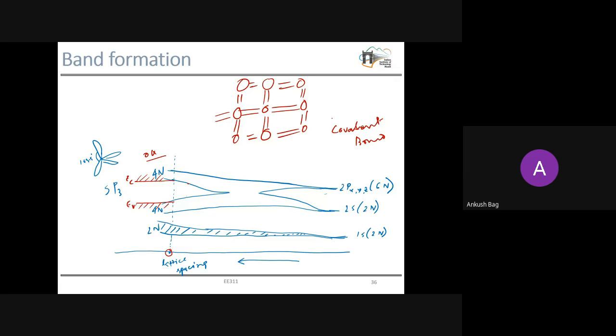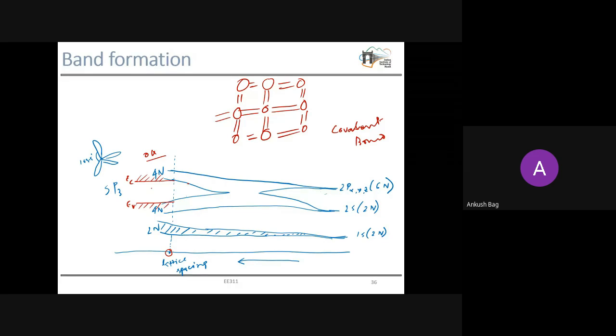Whether these are strong bonds or weak bonds matters, because when you break one bond, only then will you get free carriers. So this is in terms of the bond model, and in case of the band model, you know that at 0 Kelvin you have a completely empty conduction band and a completely full valence band.